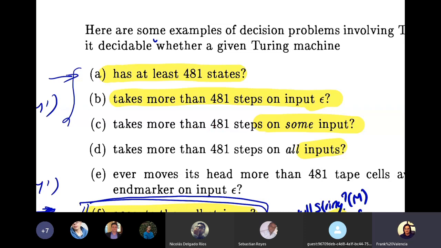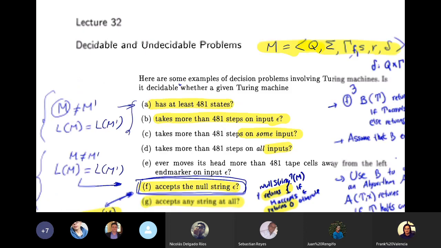Okay, all inputs whose length is smaller than this. And if this machine ever takes more than 481 steps, it must take more than that number of steps on some input of size smaller than that.